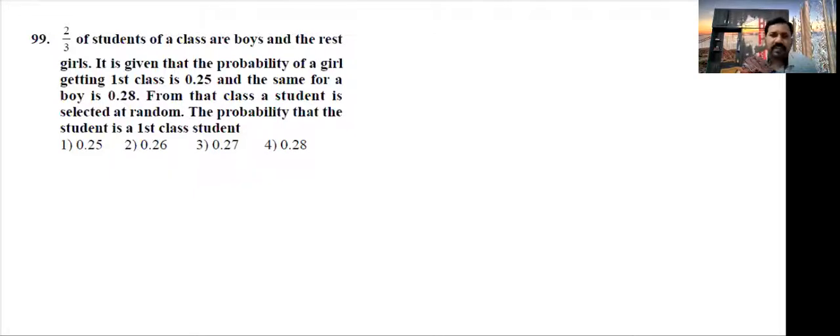First class student. Here, take A to be the event of selecting a boy. B be the event of selecting a girl. E be the event of a first class student.